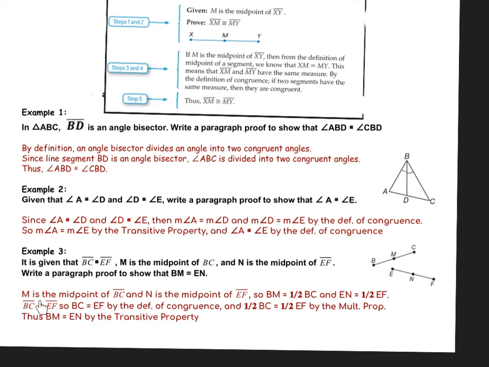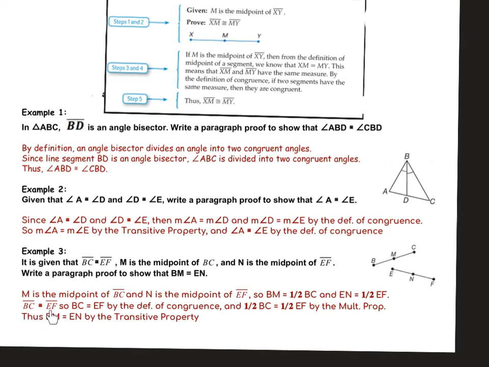So here, M is a midpoint of BC, and N is a midpoint of EF. Again, we're just writing what is given. So that implies that BM is half of BC, and EN is half of EF. Okay, so that's just saying that this part is half of the total, this part is half of the total.